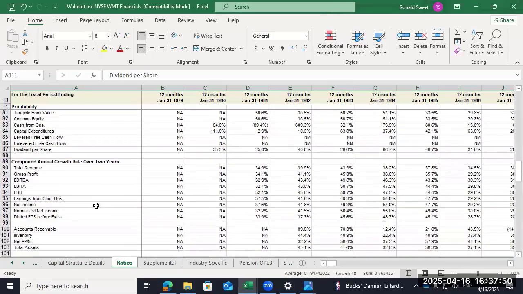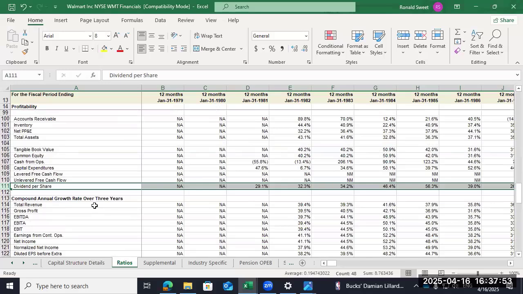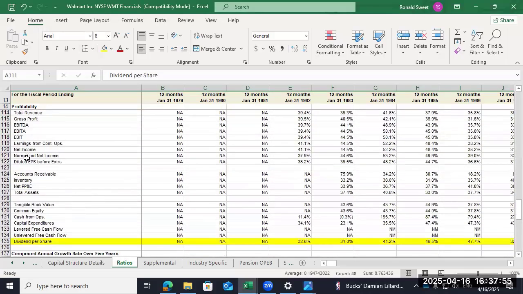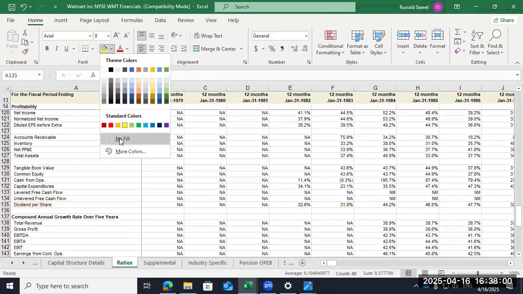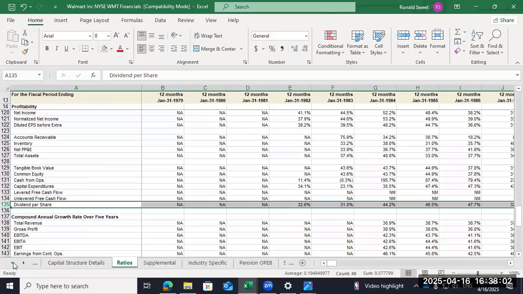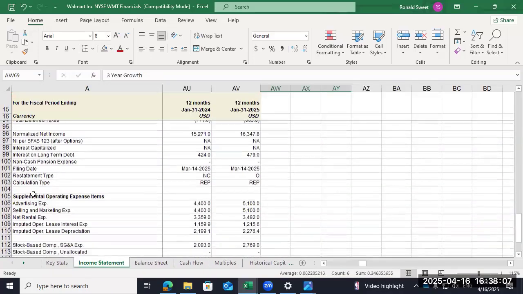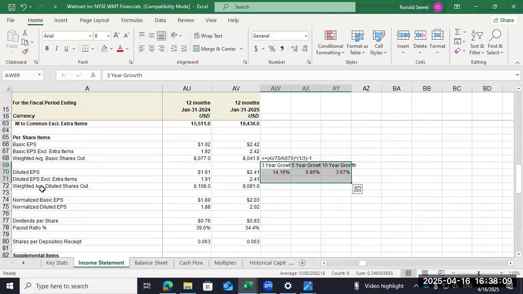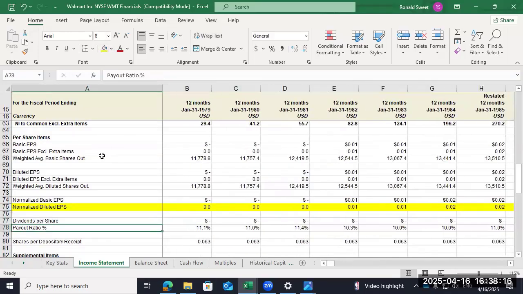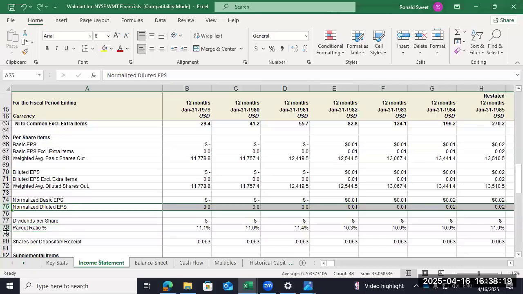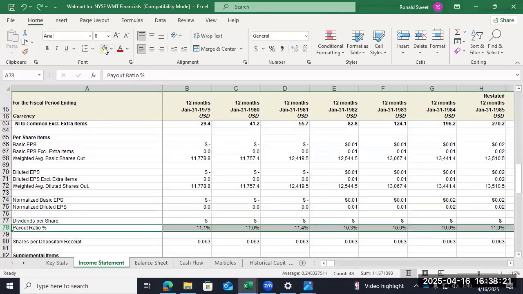These may not be actual dividends per share as a percent, so I like that one. Yeah, it's not that one. So let's find their actual. It's probably on the income statement. Let's see. So we found the earnings per share already. There's their earnings per share. Oh, here it is right there. Y'all see it? It's on the income statement, line 78, payout ratio. That's what we're looking for, payout ratio.